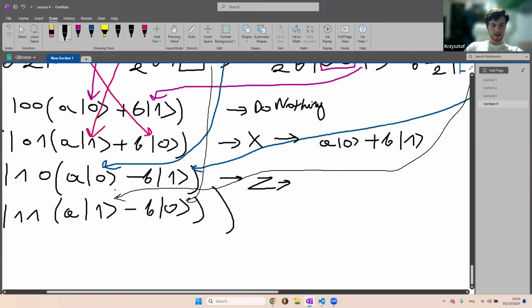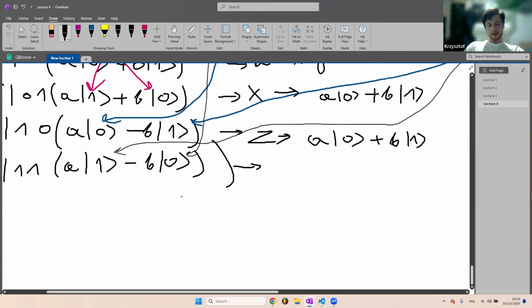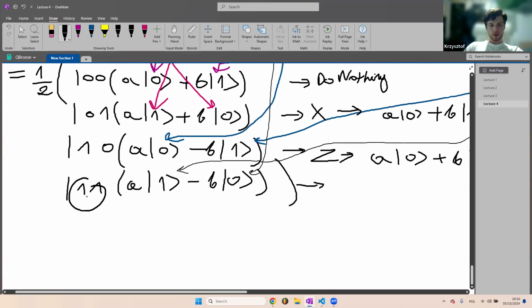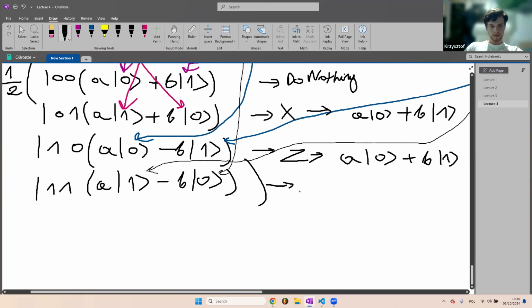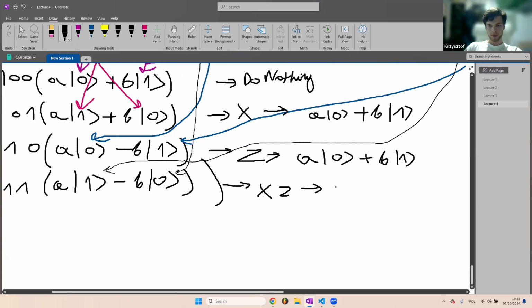So the phase will be back to the state A0 plus B1. And in the last case, when you measure 1, 1, you apply both X and Z gates to obtain also the state A0 plus B1.